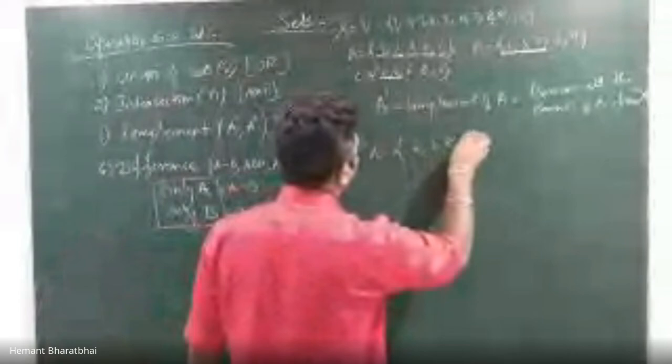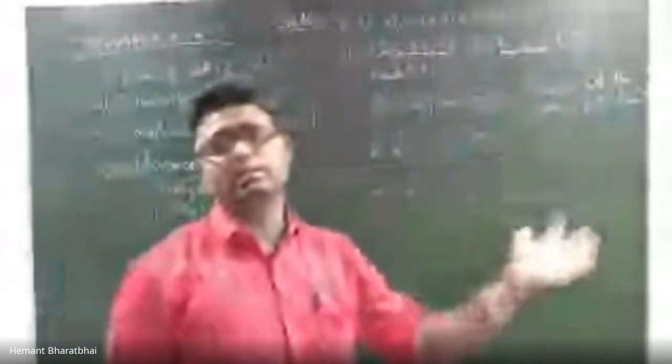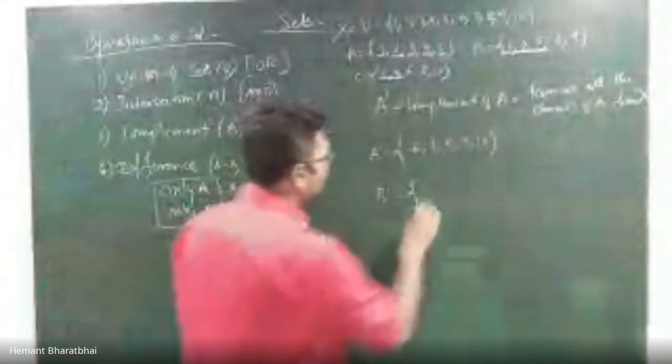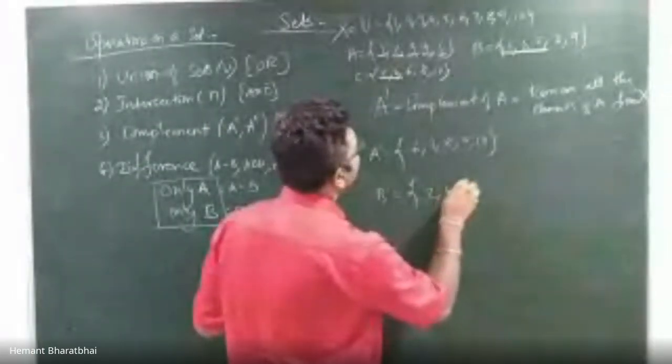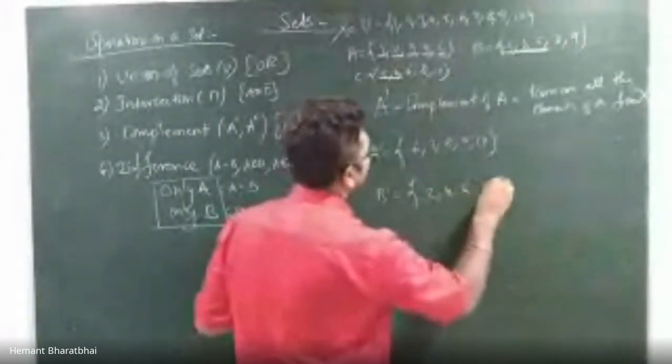So this is my A complement. Similarly, if I want to write B complement, it means remove all the elements of B from the universal set. If I remove 1, 3, 5, 7, 9, what remains in the universal set is 2, 4, 6, 8, and 10.